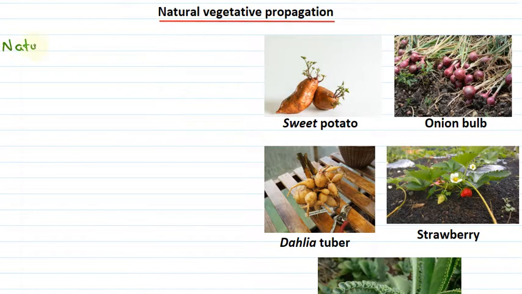Let's see. Natural vegetative propagation is one of the types of vegetative propagation. As the name suggests, this type of vegetative propagation takes place naturally.